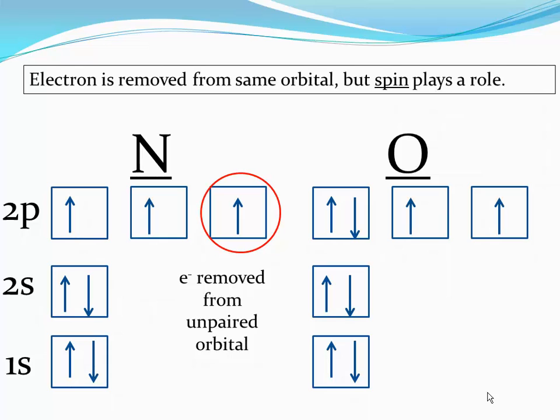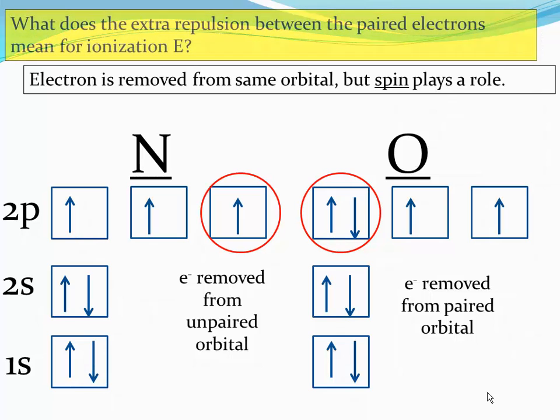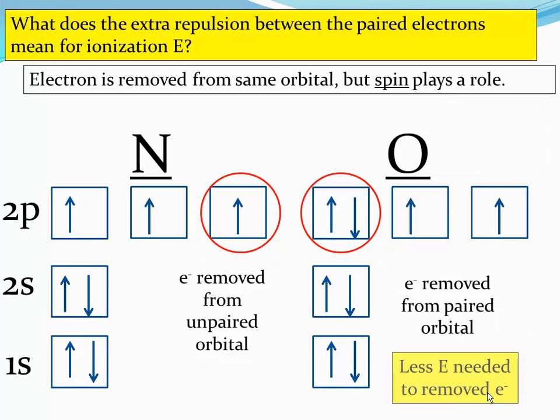So this one is more difficult to remove because it has a full 2p positive spin, and this electron is more easily removed because they're pushing against each other because they're both negative. So what does the extra repulsion between the paired electrons mean for ionization? It means that less energy is needed to remove one because they're repelling each other.